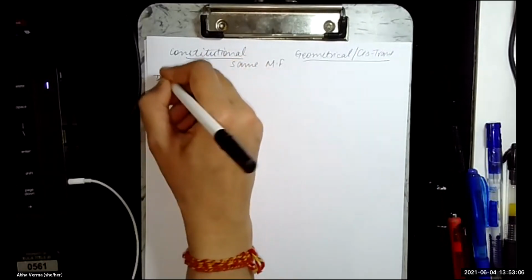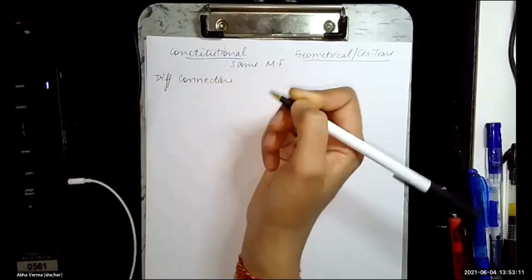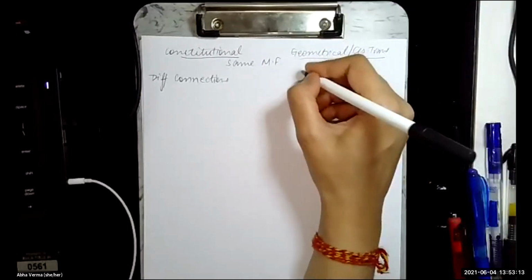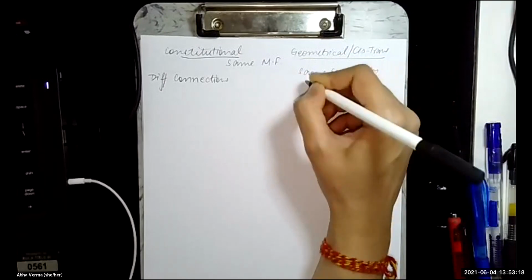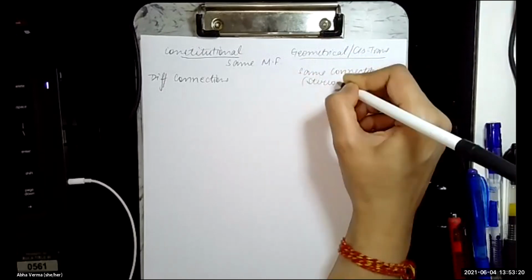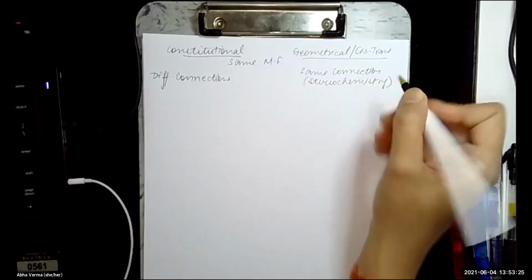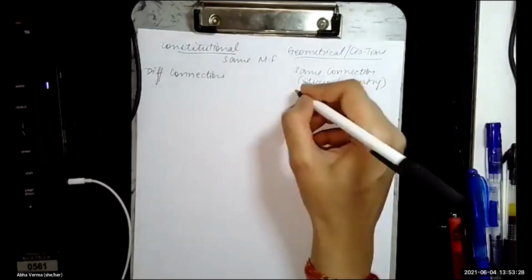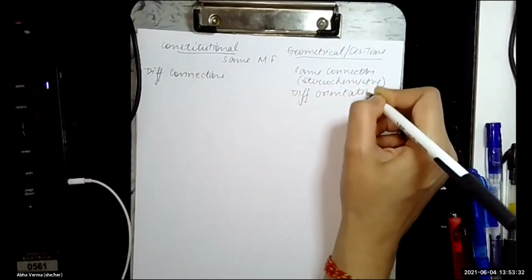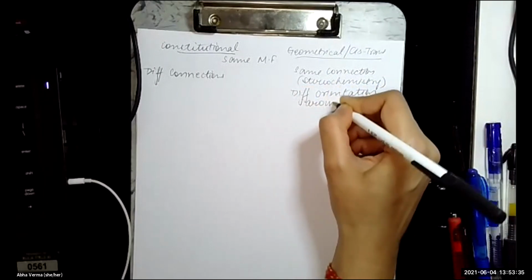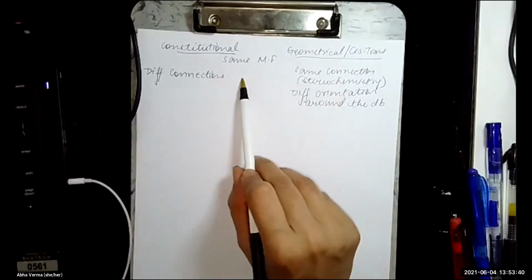The only difference is different connections. But in this part, you have the same connections, so your stereochemistry is the same, but there is a different orientation around the double bond. That is the only difference that we see between these two.